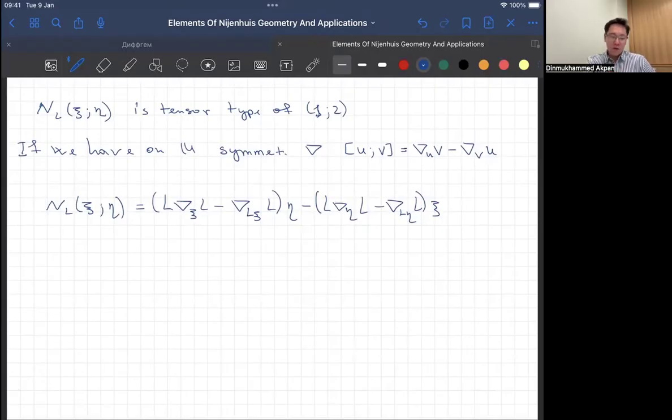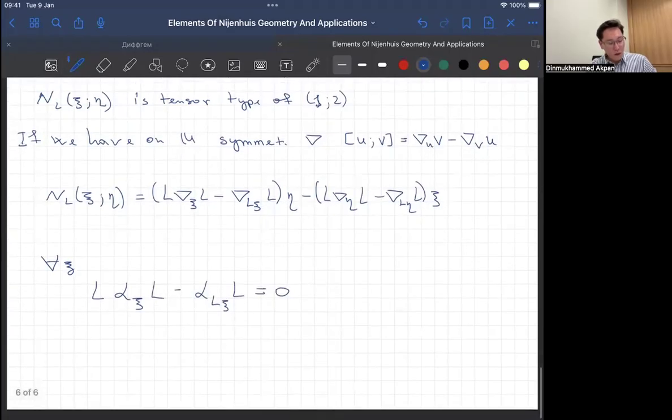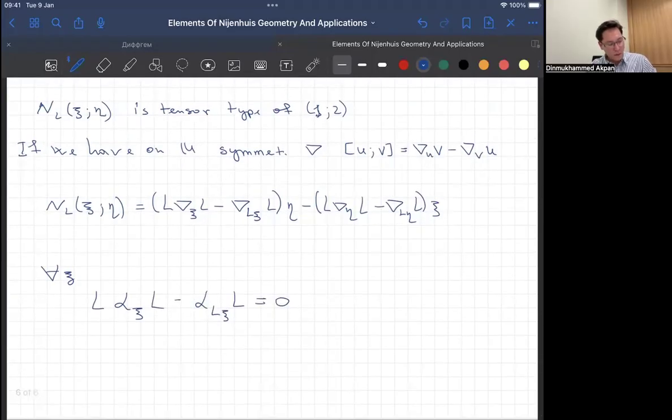So the Nijenhuis tensor can also be understood as a mapping from vector fields to operator fields, and in this case the operator L is Nijenhuis if for any vector field psi, the Lie derivative along L psi of L minus L times the Lie derivative along psi of L is zero. Or in local coordinates, I can write the Lie derivative.